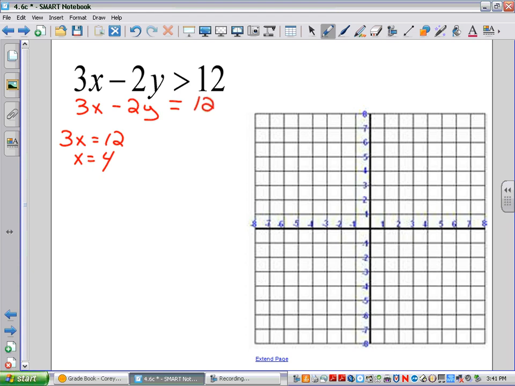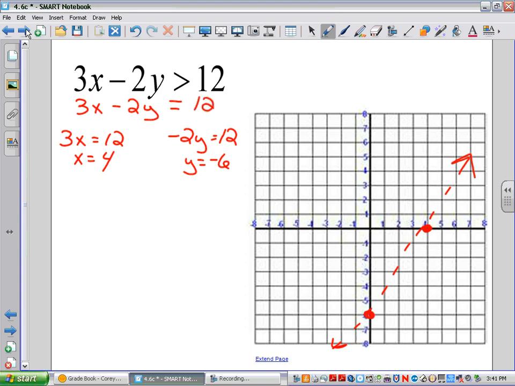The other one would be minus 2y is 12, or y would be negative 6. And there's my two intercepts. X is 4. Let's go over and mark that. X-intercept is 4. Y-intercept, negative 6. That's way down here. It's not underlined, so we draw a dotted line, or a dashed line. Dotted, dash, same thing.